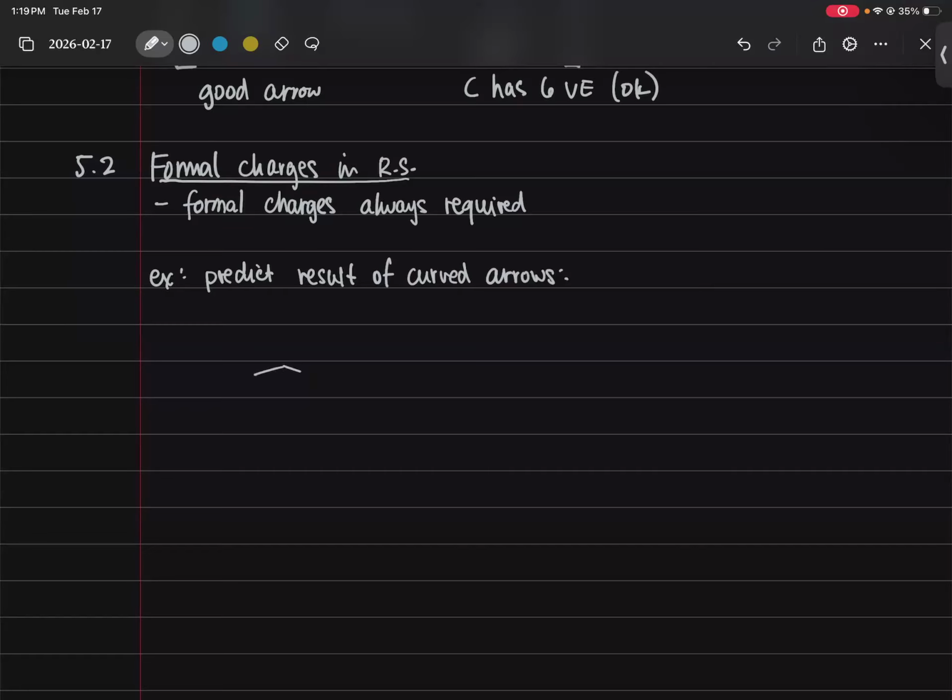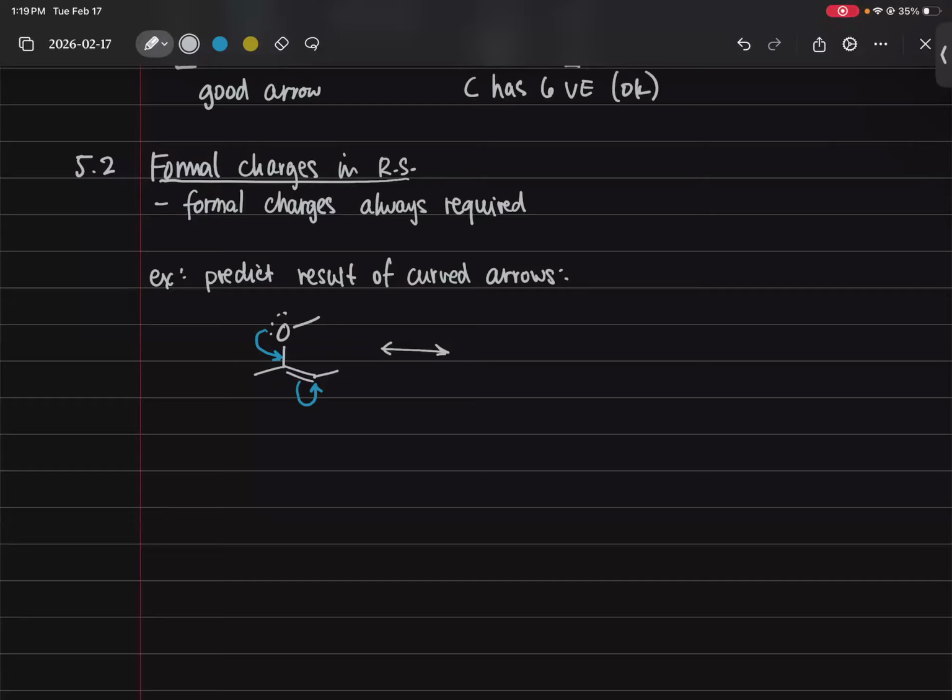Predict the results of these curved arrows. One thing you should note is, at least the way I've drawn it, formal charges are always required. So that means if I draw a structure for you and it doesn't have formal charges, then it does not have any formal charges. This structure is neutral, no charges at all.